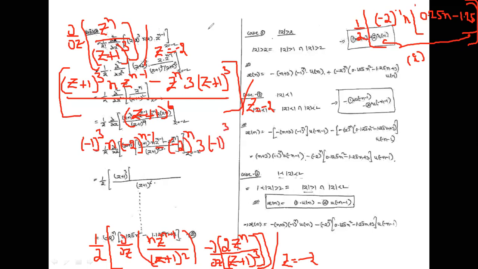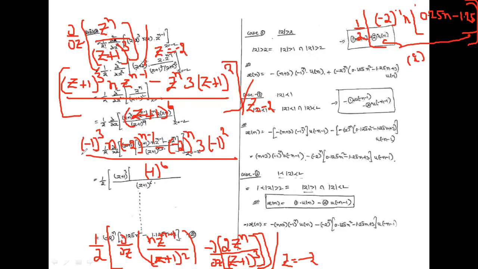Not the cube, my dear student, this is a square. Whole divided by (minus 2 plus 1) whole power 6, that is minus 1 whole power 6.